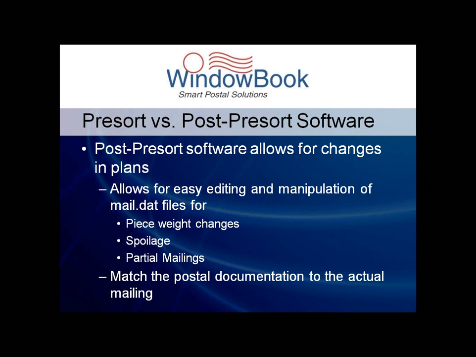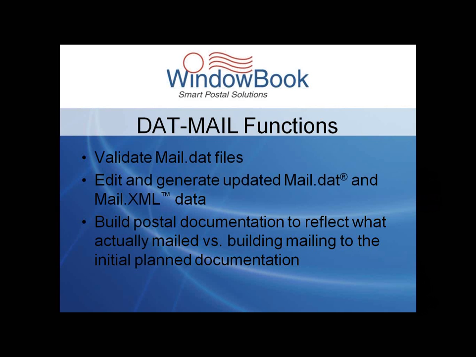I'm submitting these as a mailing. So you designate which containers those are, create the necessary documentation, and submit that to the Postal Service. So what you wind up having is the Postal Service required documentation that matches exactly what you're mailing.